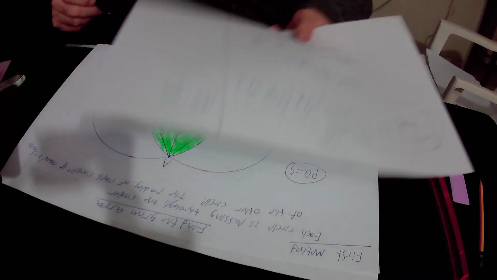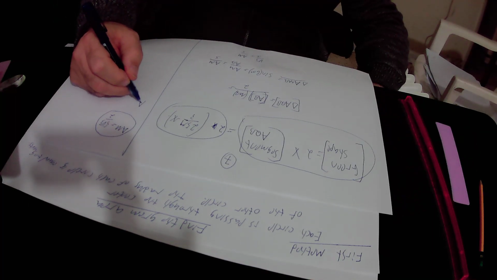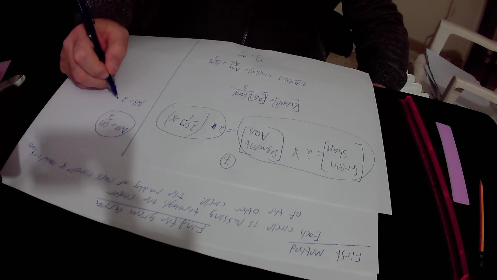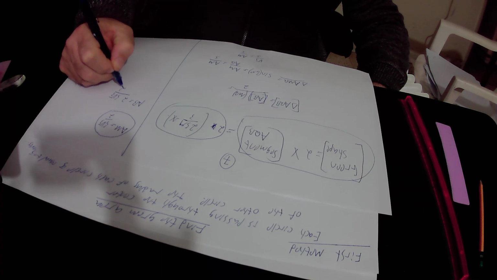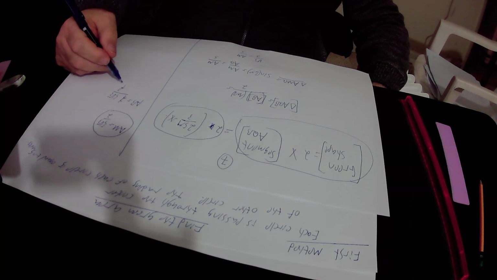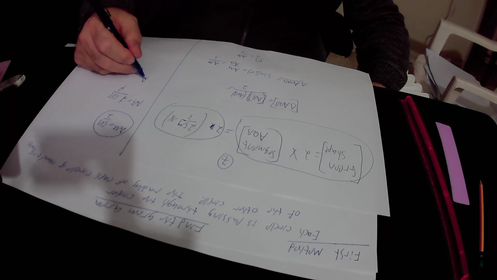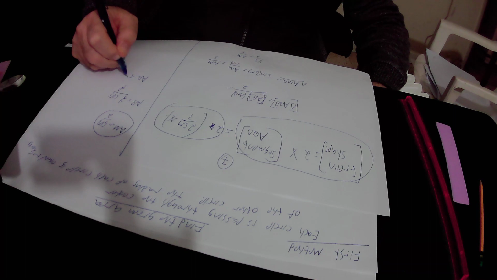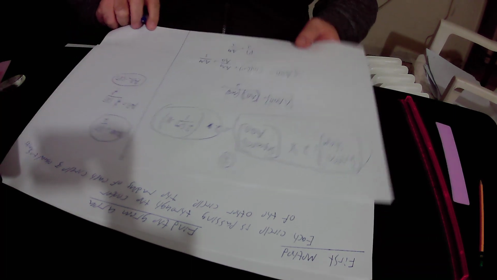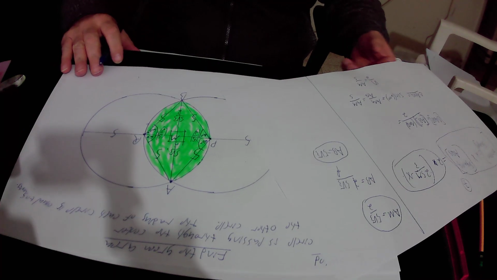So we found that AB equals 2 times AM, that is 2 times 5 times square root of 3 over 2. 2 over 2 is 1, so the 2 gets cancelled, and AB equals 5 times square root of 3.